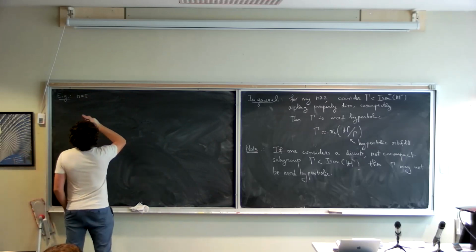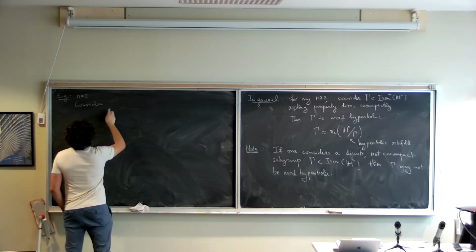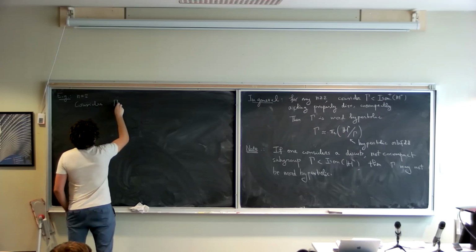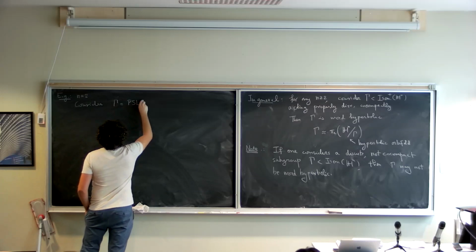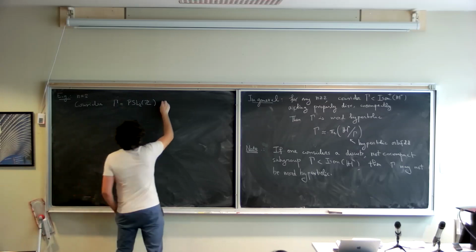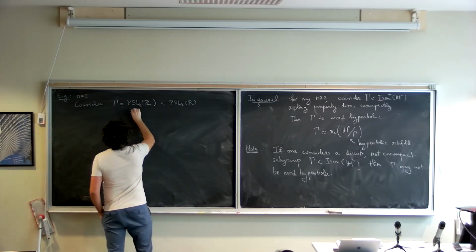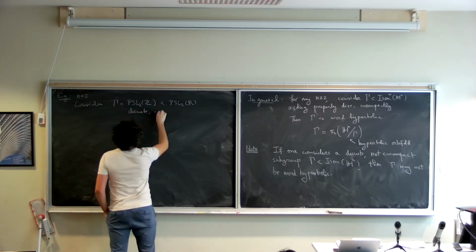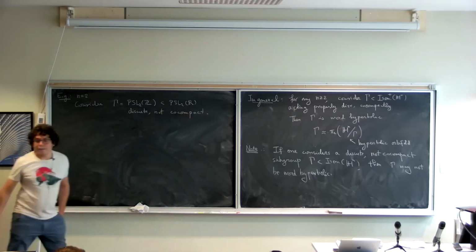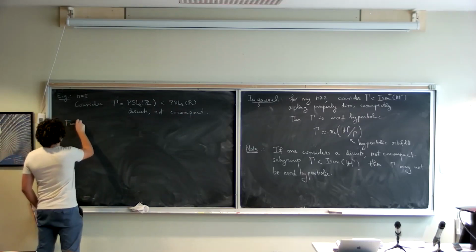So you can consider maybe someone's favorite group of 2 by 2 matrices. If you take Gamma to be PSL2Z as a subgroup of PSL2R, well, this is discrete but not co-compact. In fact, the fundamental domain is not compact.